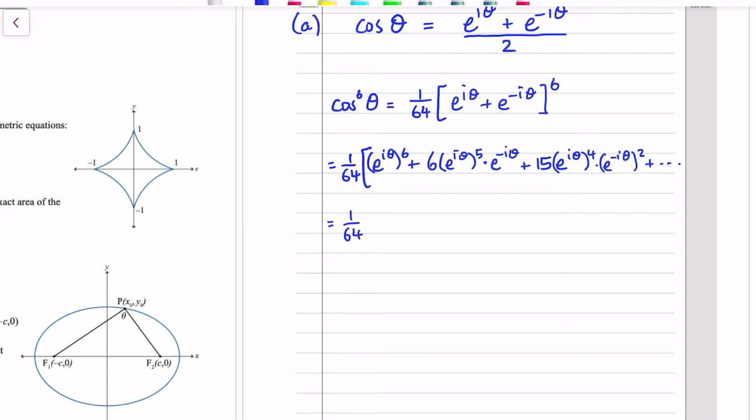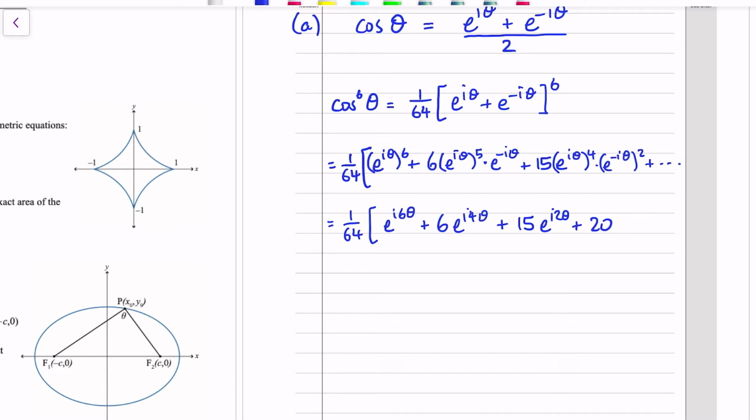The first term, using power rules, is e to the i times 6 theta. The second term, we see that it's e to the i 5 theta there, and then e to the minus i theta, if we add those powers, we get e to the i 4 theta. And then the next one is 15 lots of e to the i 2 theta.